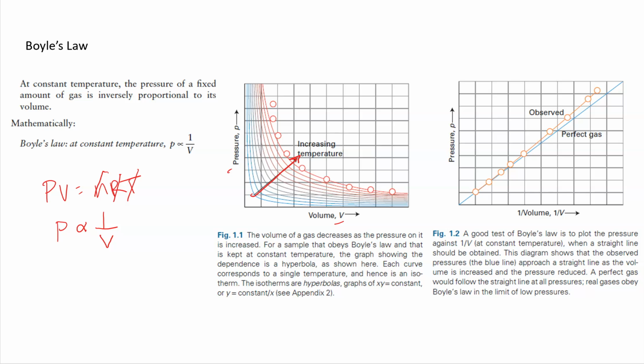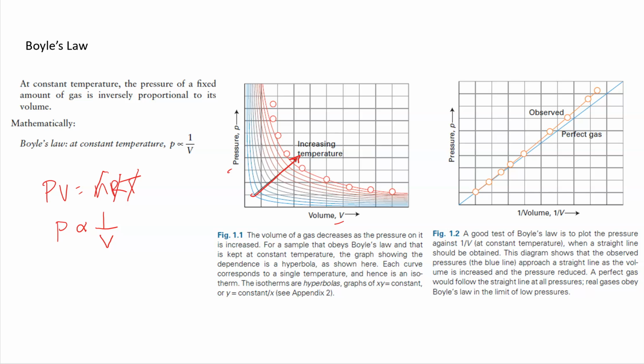So for each individual temperature, there is a unique isotherm relating pressure to volume for any given quantity, as related by this constant. And what's important to take away is this inverse proportionality, generally regardless of the temperature.